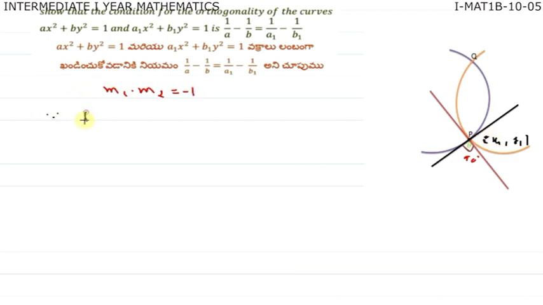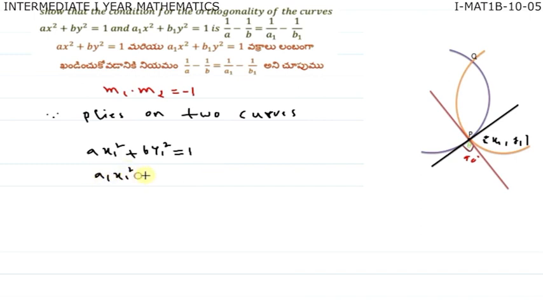Since P lies on two curves, from that I will get a x1 square plus b y1 square is equal to 1. Second equation is a1 x1 square plus b1 y1 square is equal to 1. So this is equation 1 and this is equation 2. Now subtract 1 minus 2.